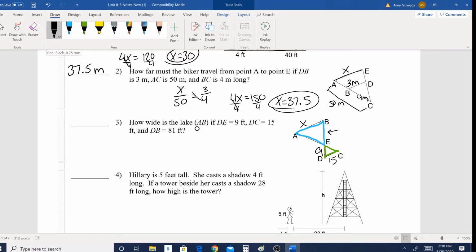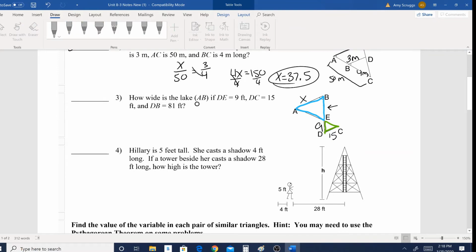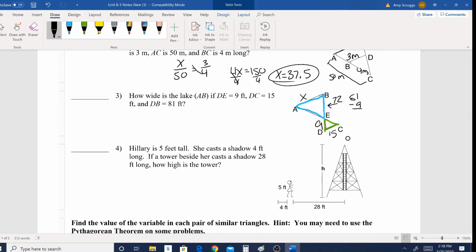So to find from B to E, we're actually going to say 81 minus 9. And that'll give us that this side is actually 72. So we're going to set up a proportion now, and I'm going to do it a little differently this time.